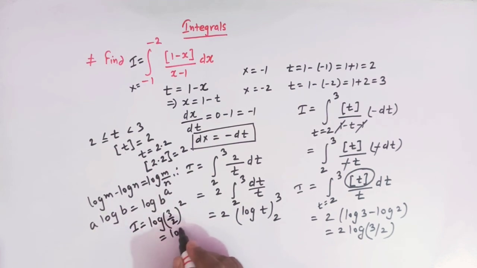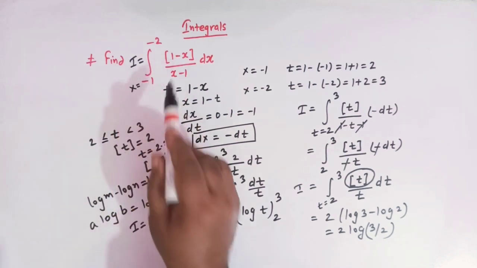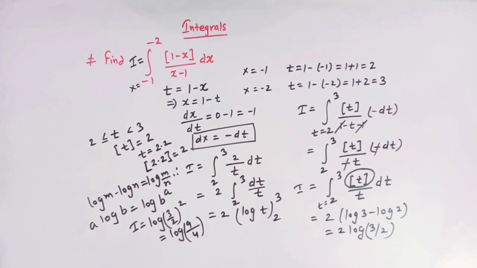So we can write it as 3 squared is 9, 2 squared is 4. So the value of this integral is log of 9 over 4, right? So this is how we can solve these types of problems.